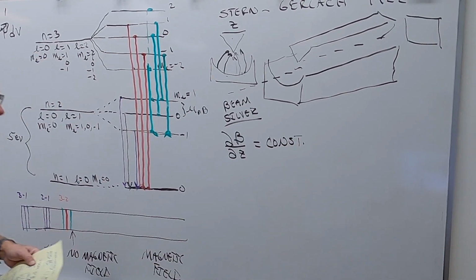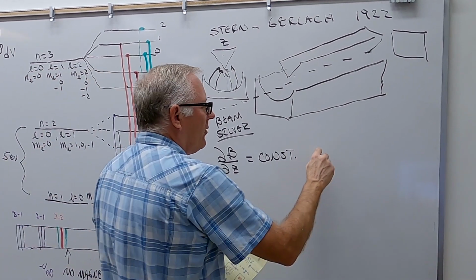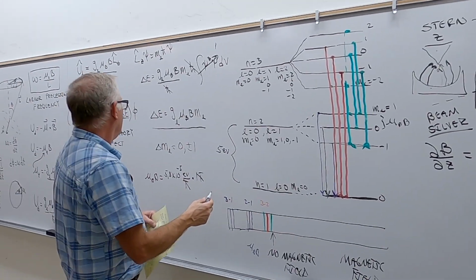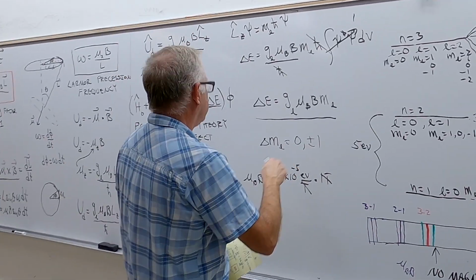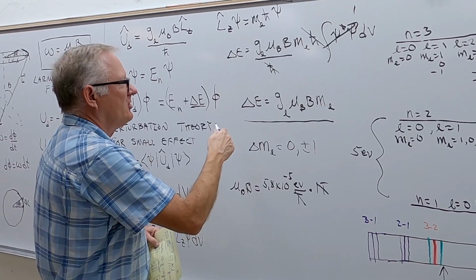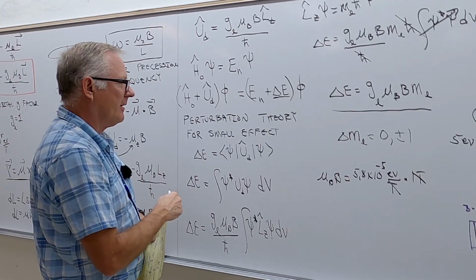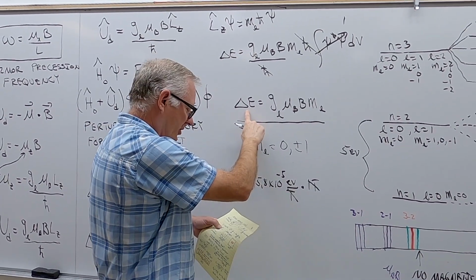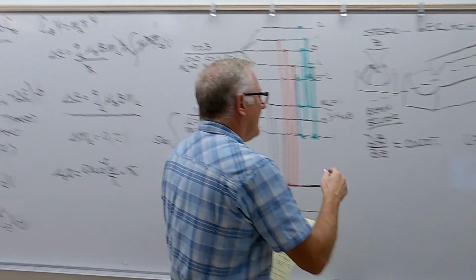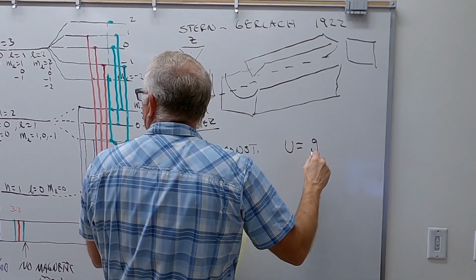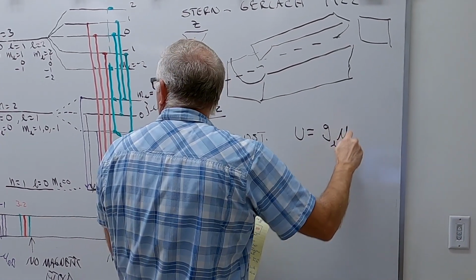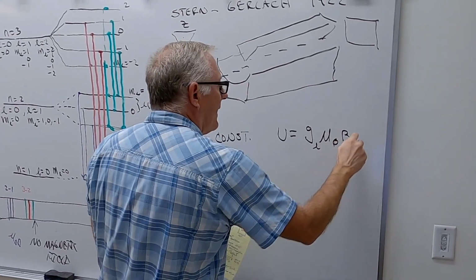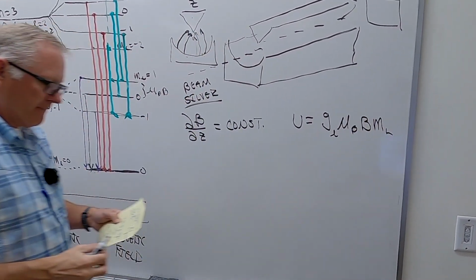Now we already said what the U was, the change in energy. Where did we say that? Right here. Here's our change in energy, our U, is g sub L mu B B m sub L.